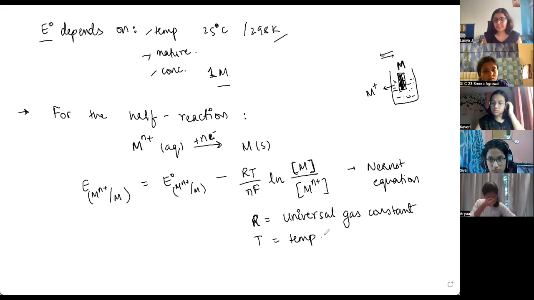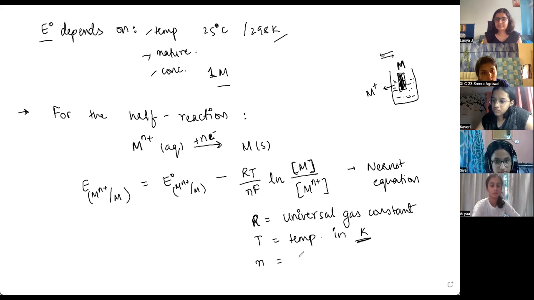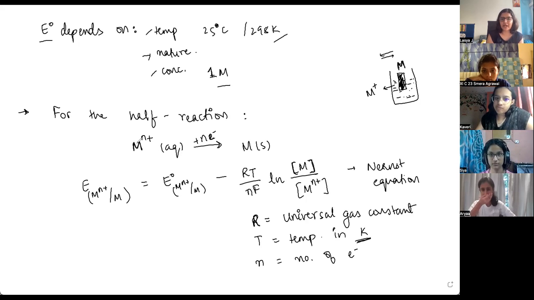Yes, temperature in Kelvin always. Okay, n: number of electrons, the number of electrons required for this reduction process. That depends on the charge of the metal on the RHS and LHS.